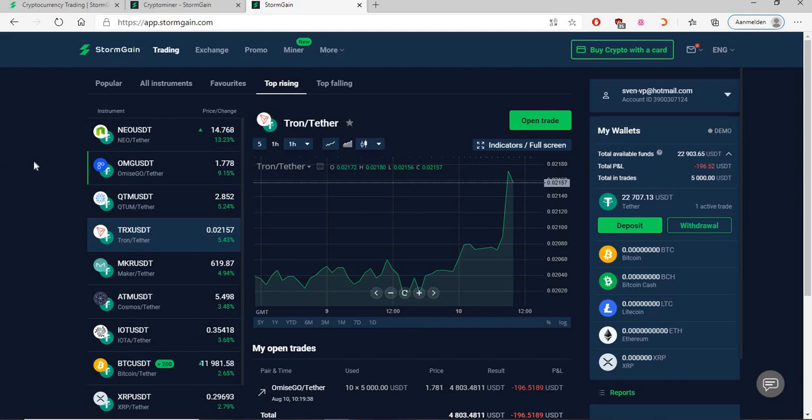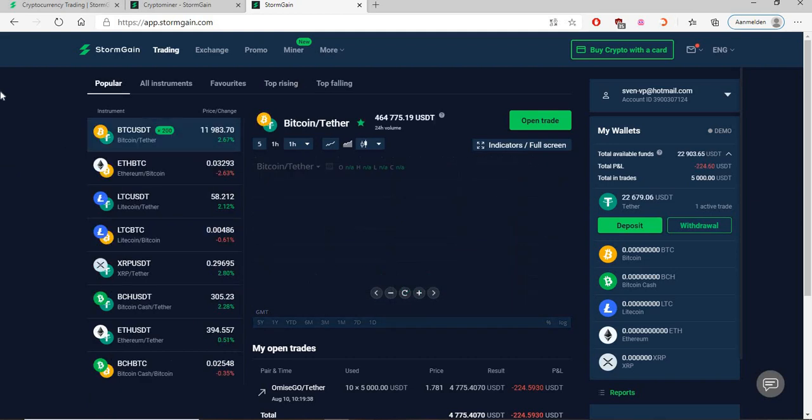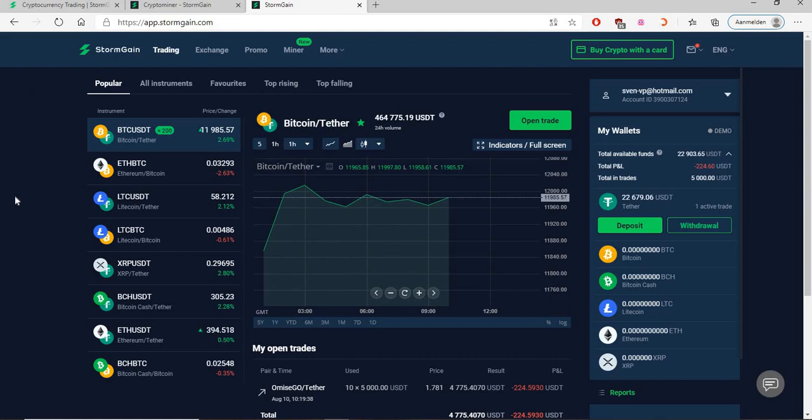So what you can do then is search for popular ones that have nothing to do with tether. So for example Ethereum and Bitcoin, but that's also falling, so we're not going to take that. Then we look for one, and we see here that there is no pair that is rising that has nothing to do with the Tether value.